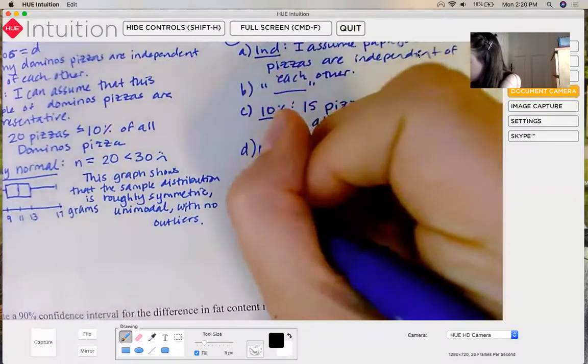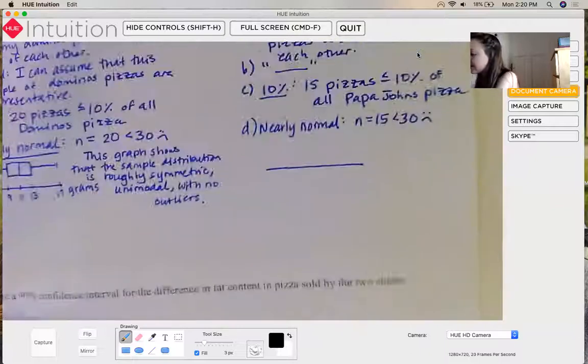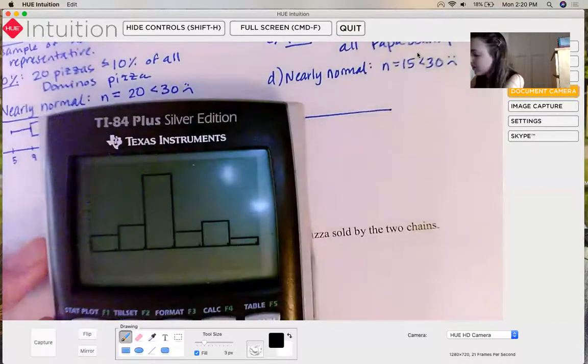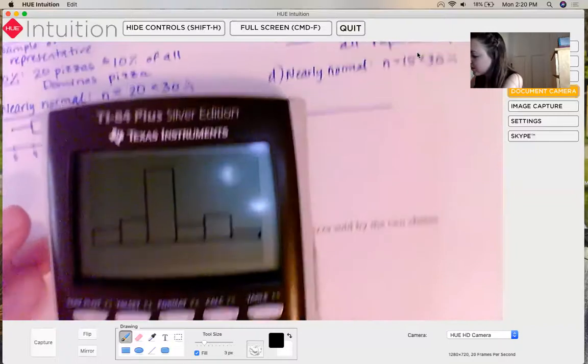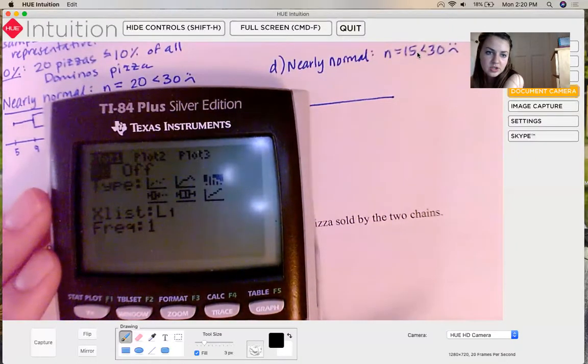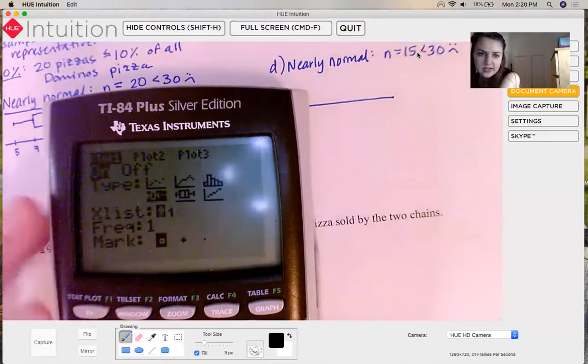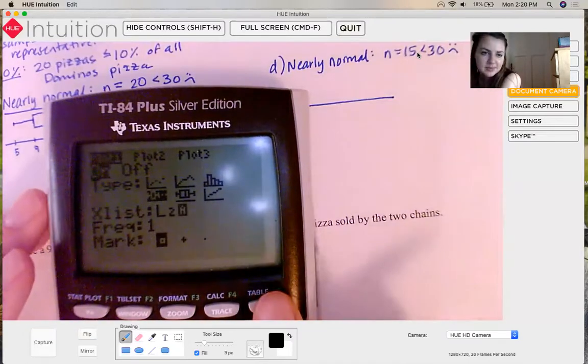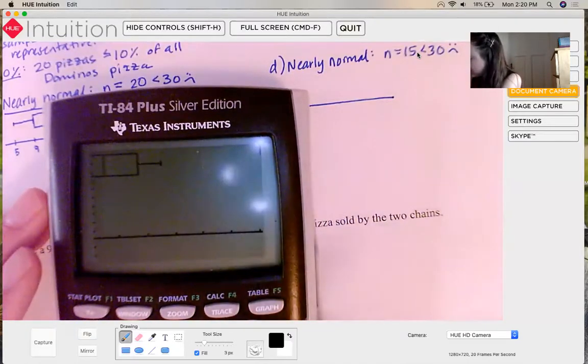We're going to get our box plot going for this. The cool thing is I've already put my data in for this. Remember, we already did list 2. So all you have to do now is come back over to stat plot, change it back to the box plot, change this to list 2. Be careful not to accidentally draw the same box plot again. And then we're going to do Zoom 9.